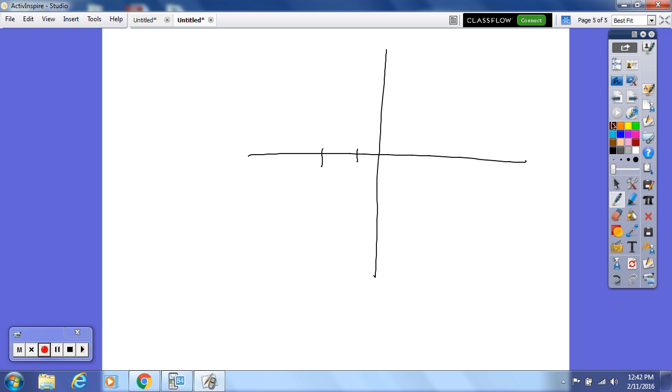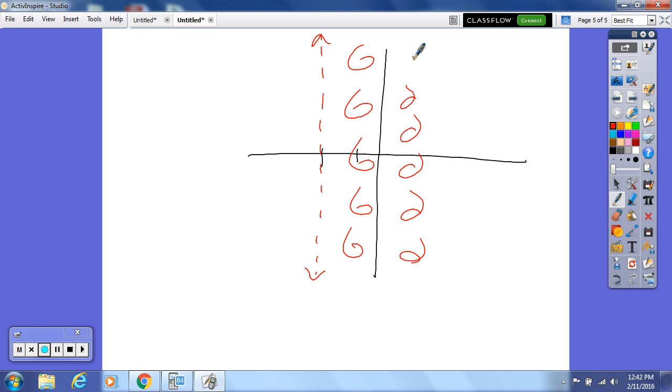Greater than, is that to the right or to the left? Greater than is this way. So here's my circles. Well, pretend like they're circles. They look like dyslexic 6s or something.